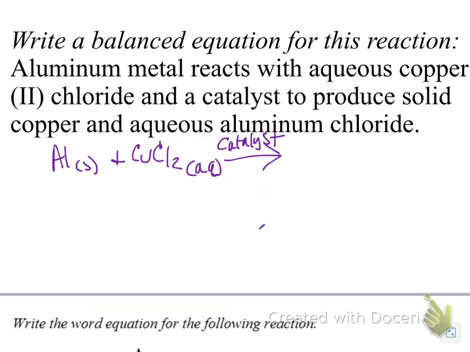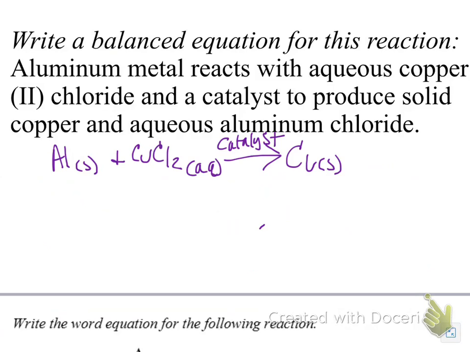And I use a catalyst. Now, anything that's not involved in actually reacting is usually written over the arrow. And you may have heard this in middle school, but a catalyst is something that you add to a reaction to speed it up, but it doesn't get consumed. So we're really not changing the catalyst, so we're going to put it over the arrow.